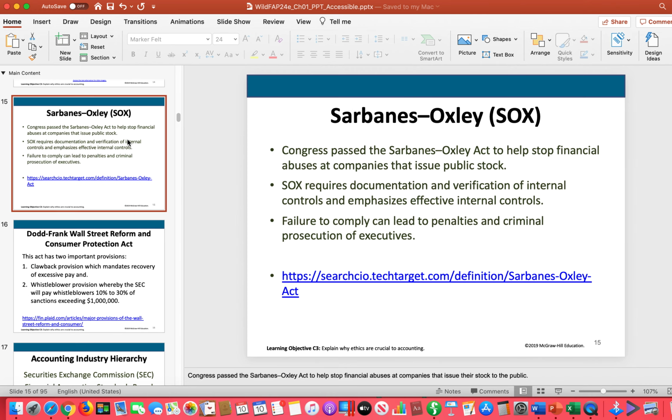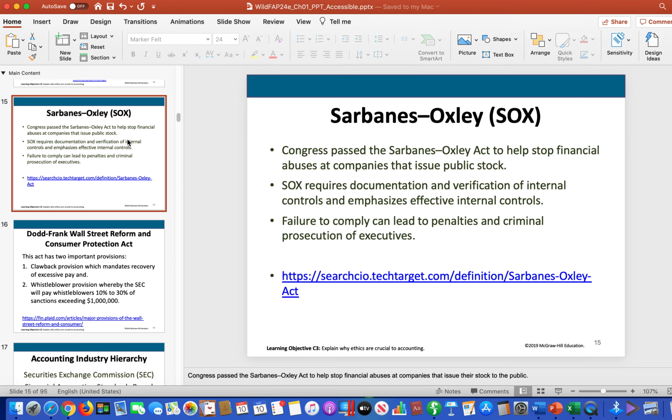Now, fraud has been so prevalent. There were two companies a decade or so ago, a little more than that. Enron and WorldCom posed a challenge for how a company can be so corrupt, there can be so much fraud, that the companies go completely out of business.